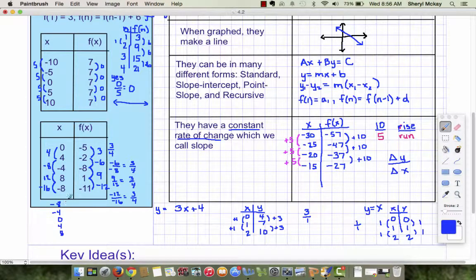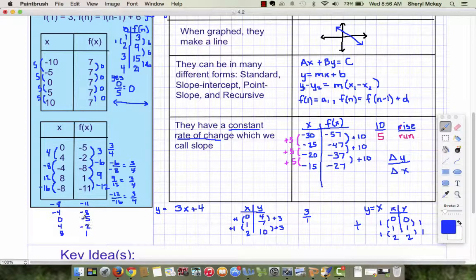And that would then mean that negative 8 would have negative 11, negative 4 would have negative 8, 0 would have negative 5, 4 would have negative 2, and 8 would have 1.